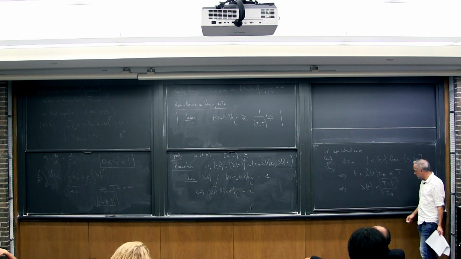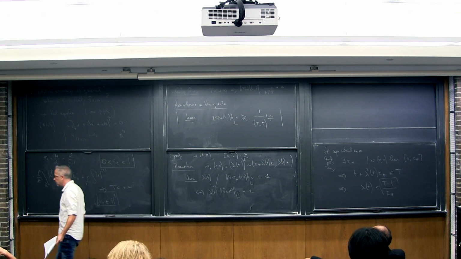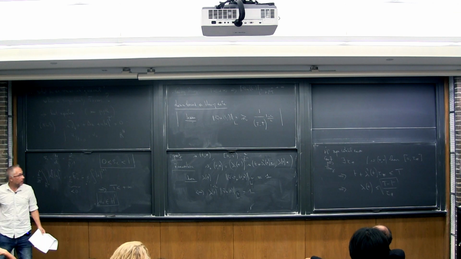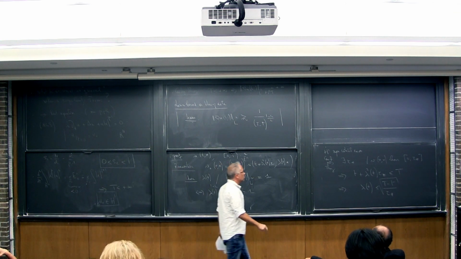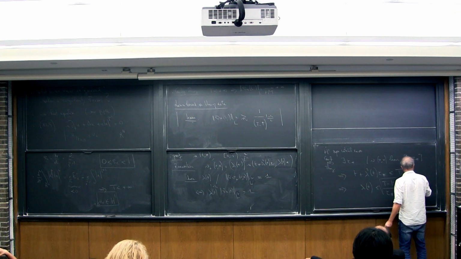So every time you compute a scale, it must be smaller than the self-similar scale. It's automatic. Otherwise, you violate your Cauchy theory. This is what we like to call the scaling bound.